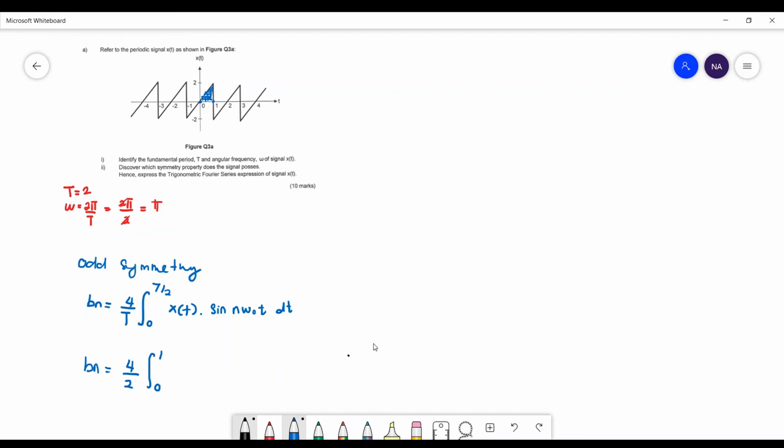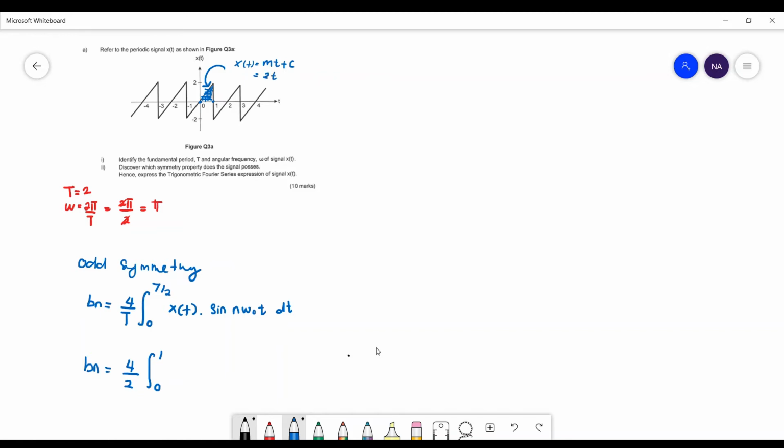So x(t), you need to find the equation here. So the equation for x(t) is equal to mt plus c. So m is the slope. You need to calculate the slope here. So when you use the formula of y over x, the slope is equal to 2.